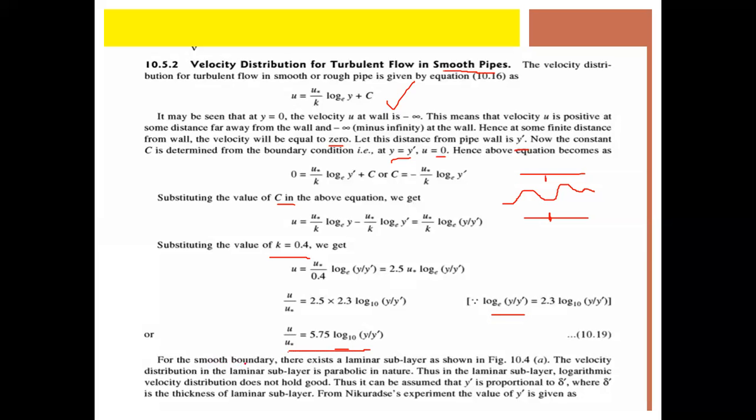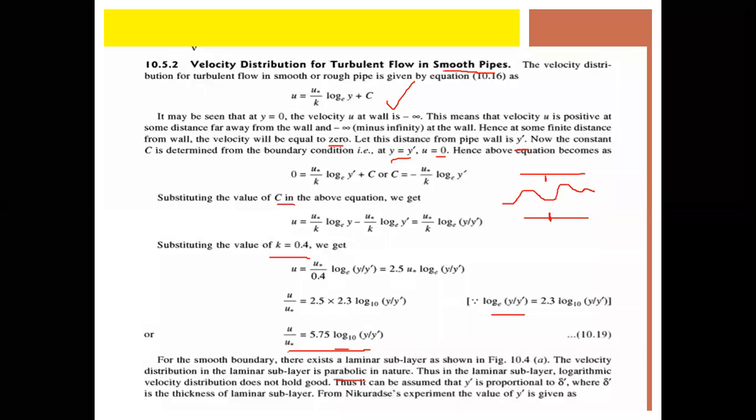This equation 10.19 is for a smooth boundary, where the laminar sublayer is shown in the figure. The velocity distribution of the laminar sublayer is parabolic in nature. Thus the logarithmic velocity distribution does not hold good there. So this is assumed: y dash is proportional to delta dash, where delta dash is the thickness of the laminar sublayer.